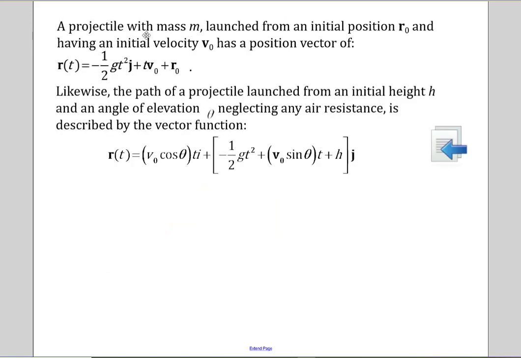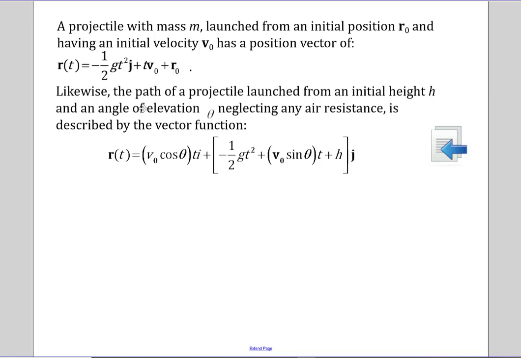Okay, so a projectile with some mass m can be launched from an initial position r sub naught, and having an initial velocity v sub naught has a position vector given by this position vector, and you can see how it's related to our pre-calc formula.